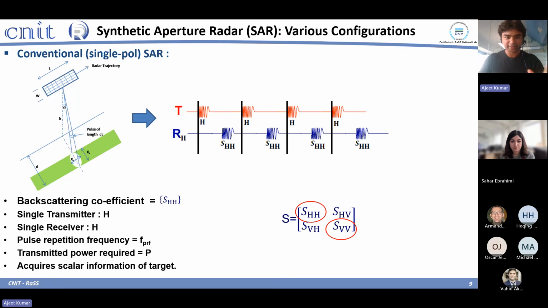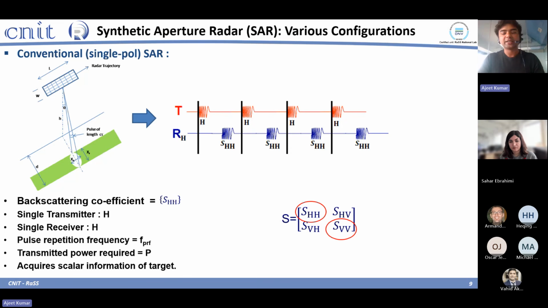Now you can realize here that the target has all the information. So the target is kind of a vector. A target associates vector information in itself, but the conventional SAR systems were capable of just acquiring the scalar information about it, either this one or this one. So obviously we are losing some of the information from the target.